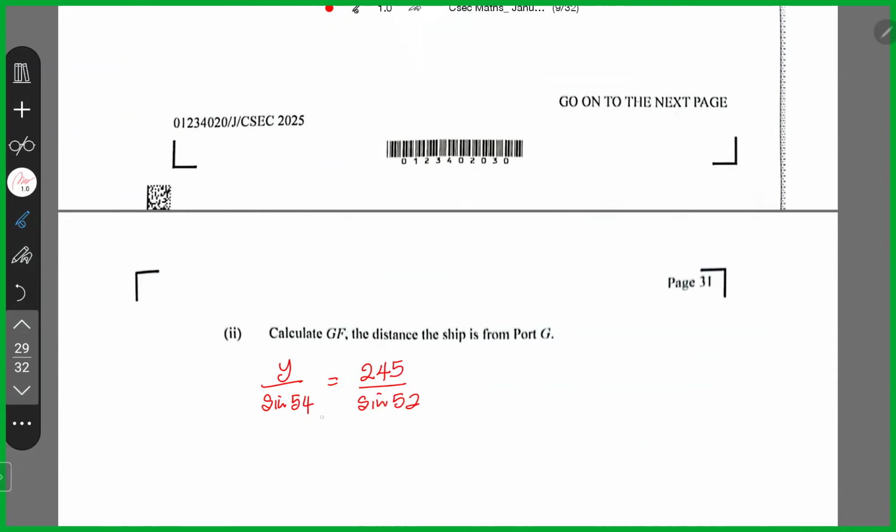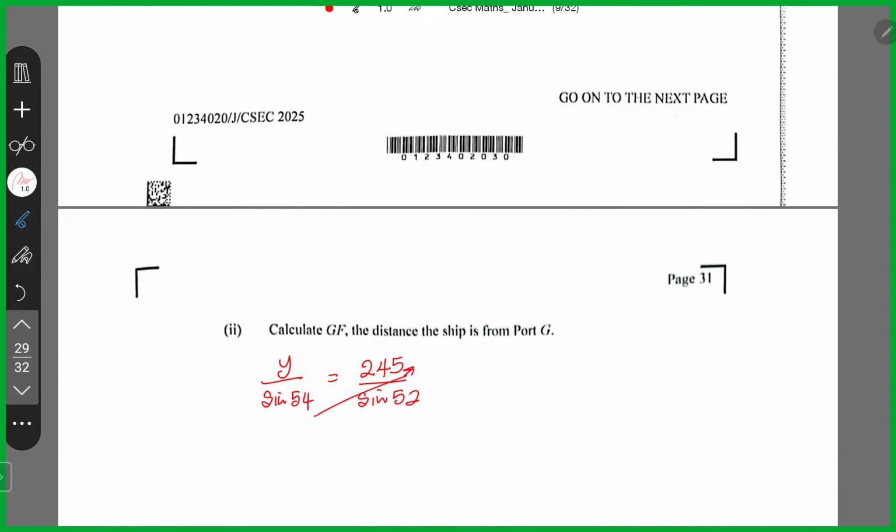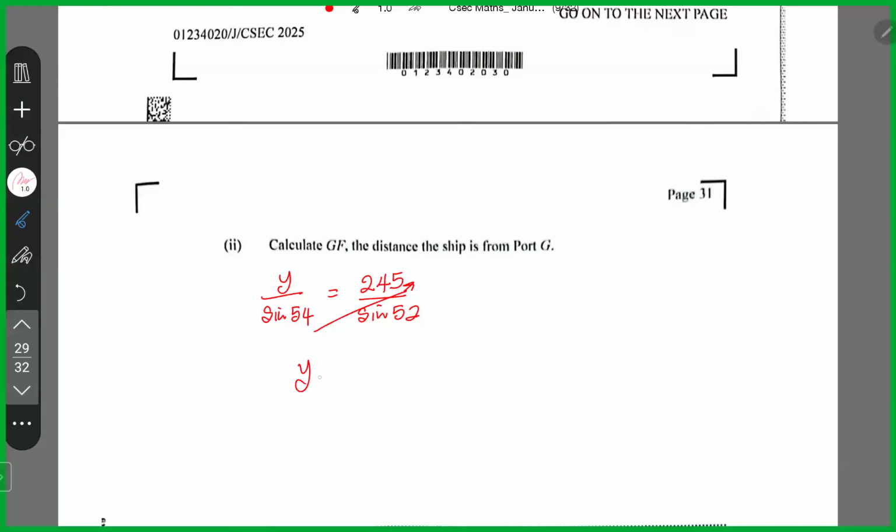Our objective is to find Y. Bring this up here, and we get Y is equal to 45 sine 54 over the sine of 52.